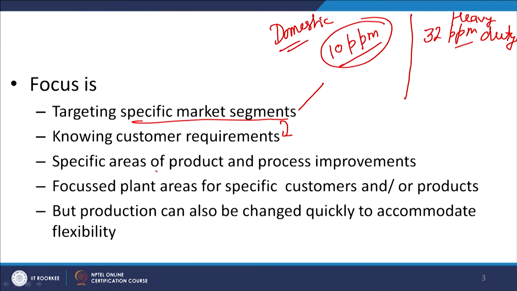Then the third key aspect on which I will focus is what specific areas of product and process improvements are required. I need to focus on what specific product and process improvements are necessary in my products for achieving these customer requirements.